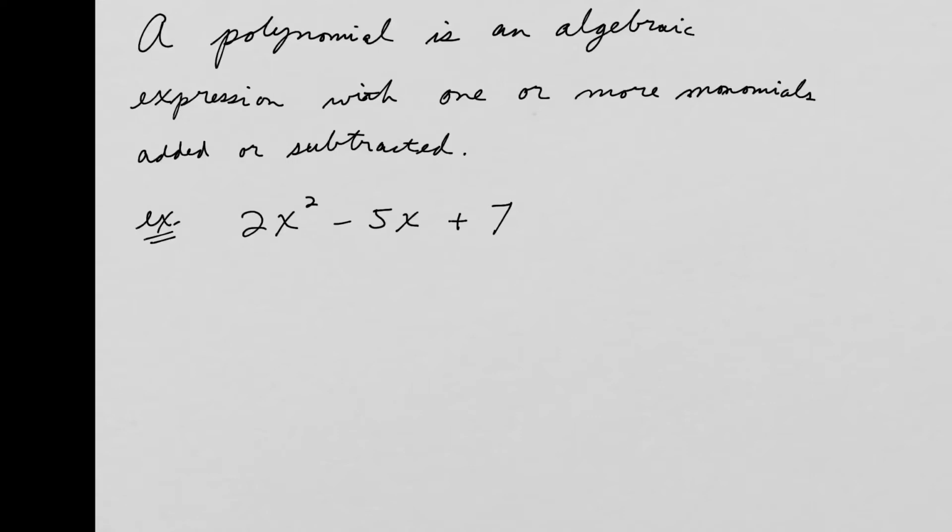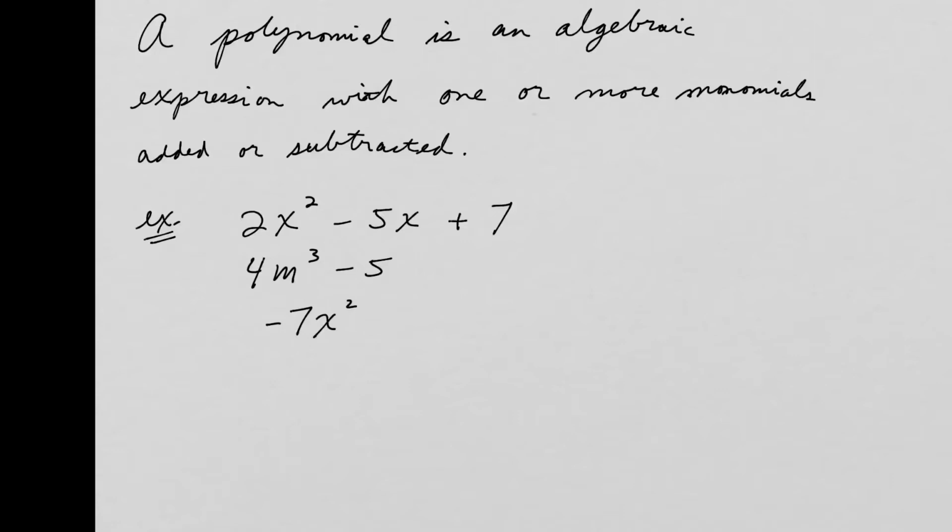Other examples, I could have, say, 4m, I'm using m now as my variable, 4m cubed minus 5. That would be a polynomial. Even a monomial by itself, so let's say 7x squared, that's also a polynomial, right? It's a polynomial of a single term. So the monomial is also a certain type of polynomial.